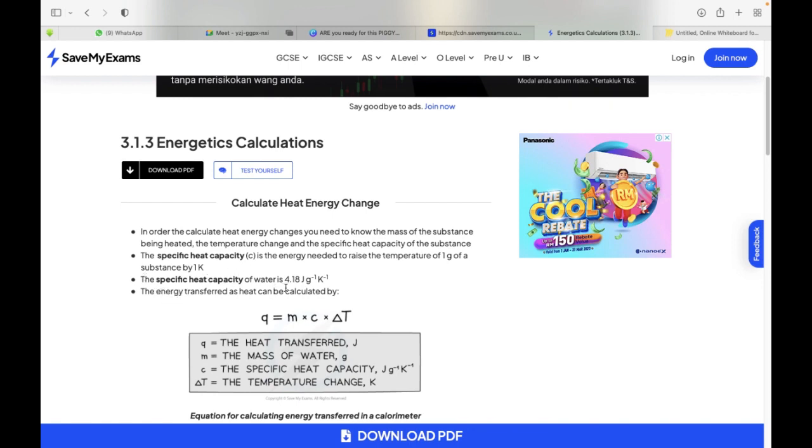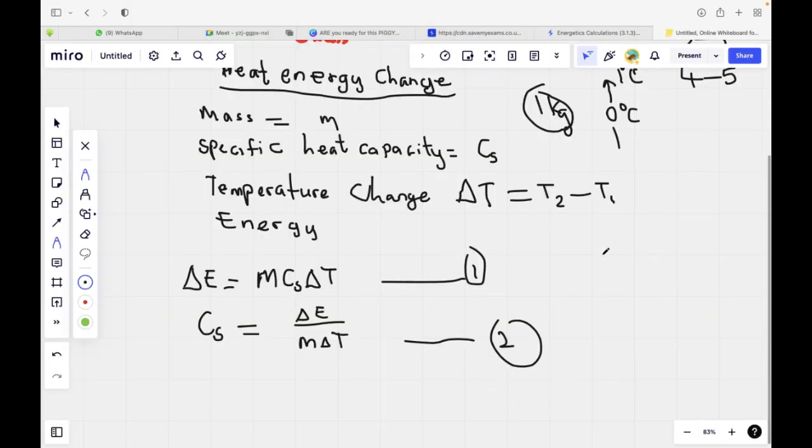Now the specific capacity of water is a fixed value, but especially for IGCSE, I think we just take an approximation. So if I put W here for the specific capacity of water, it's approximately 4,200 for convenience. 4,200 joule.